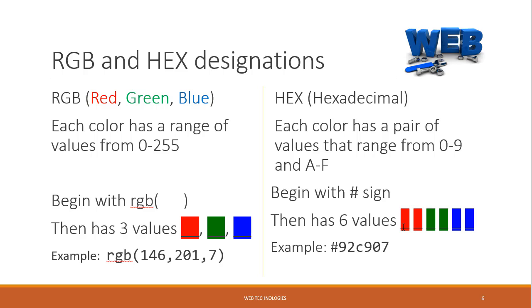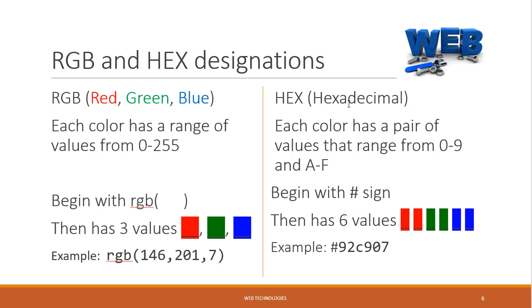Now, every one of these positions can have a value of anywhere from 0 to F. Obviously, we count from 0 to 9, that's 10 numbers, and then A, B, C, D, E, F, that's 6 letters. So the 10 numbers and the 6 letters gives us a total of 16, and that's what hexadecimal means. We're going to count by 16.